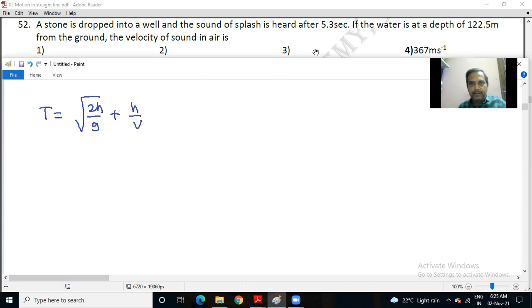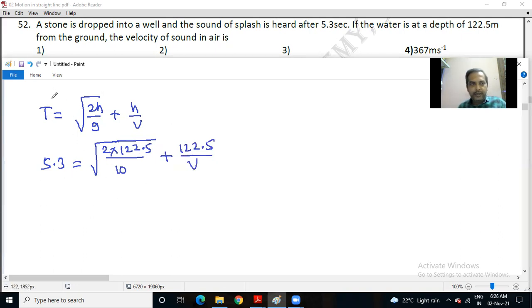Now this total time is given, it is 5.3. 2h, the depth of the well, is 122.5. Now you take g as 10, plus h, once again the depth of the well 122.5, divided by v. So we are looking for the v value here.